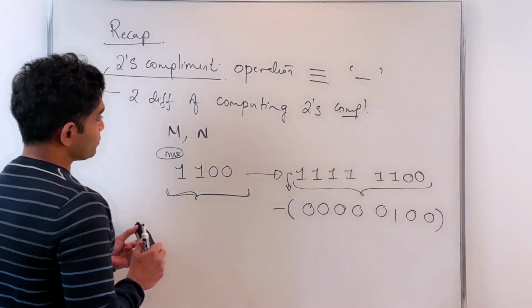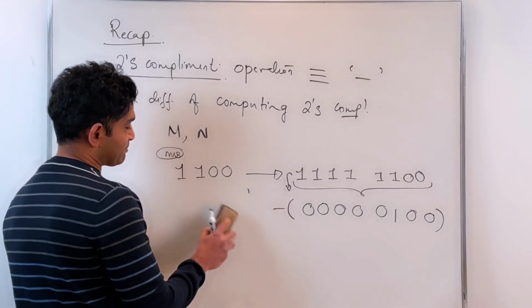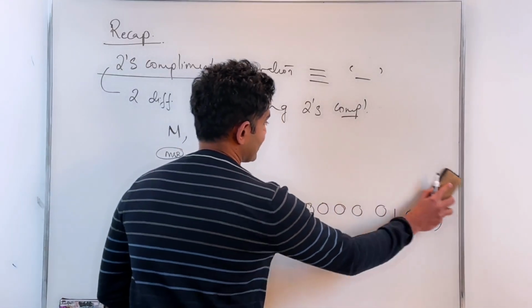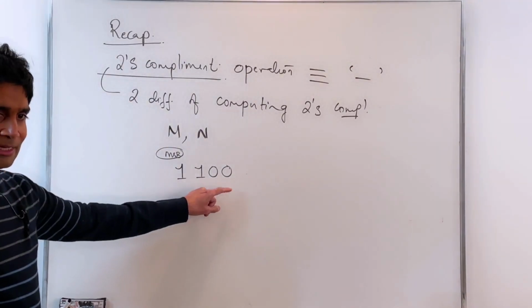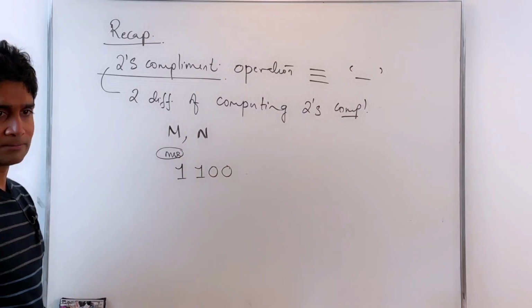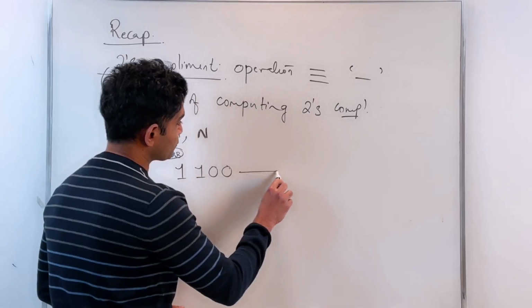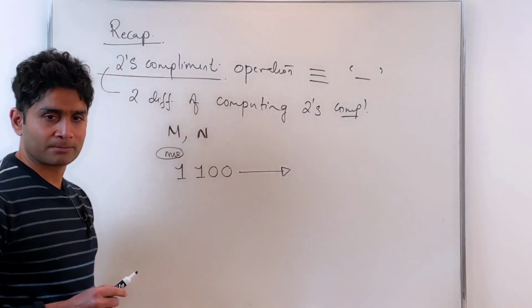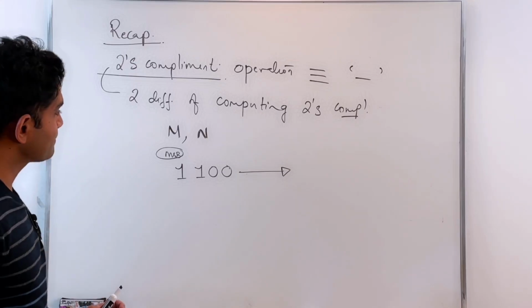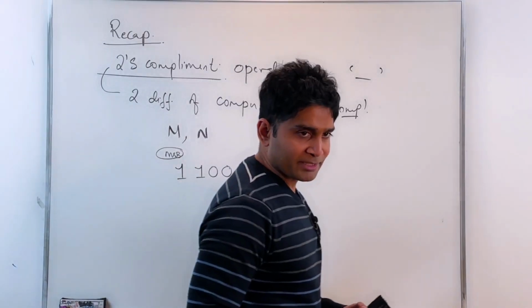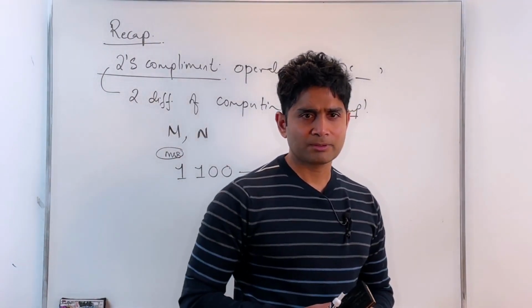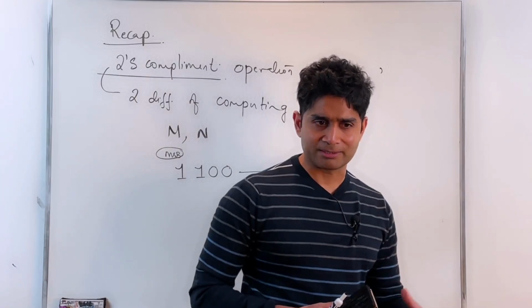If I were to mention explicitly that this number is an unsigned number, in that case, what would that become? If this were an unsigned number and I want to extend that into 8 bits, how would I extend it?